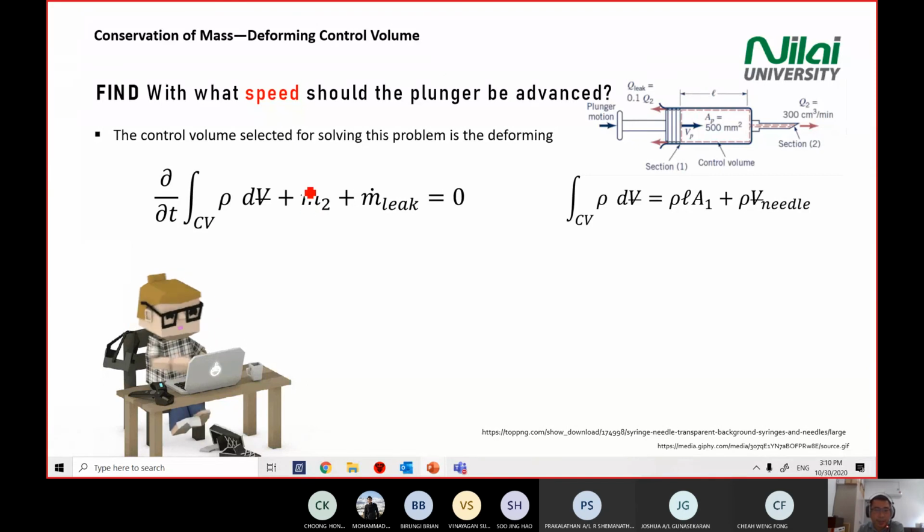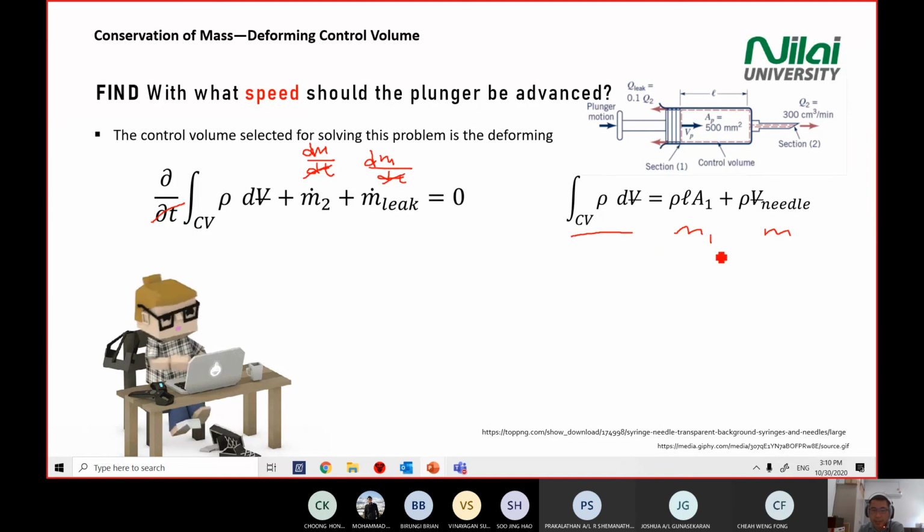Now because m dot means dm dt, when we move outside, we can take out the dt term. We only have this one. This one is our m. This is m at section 1.